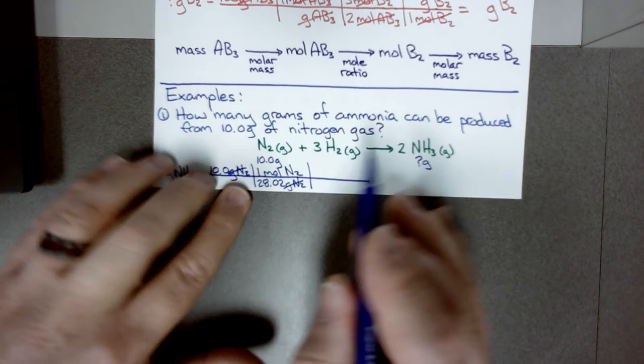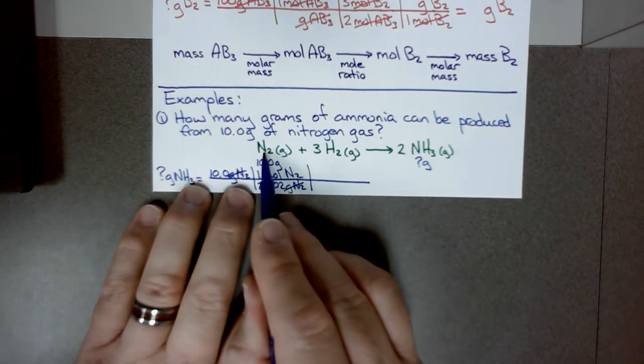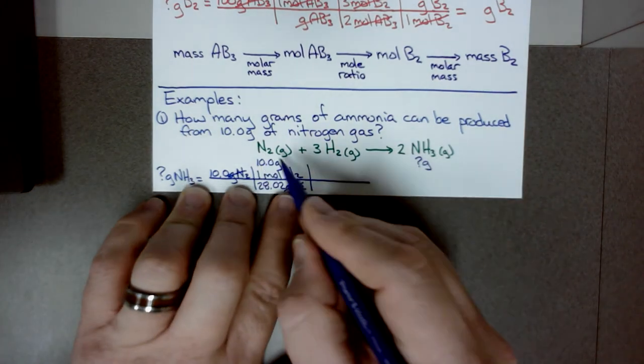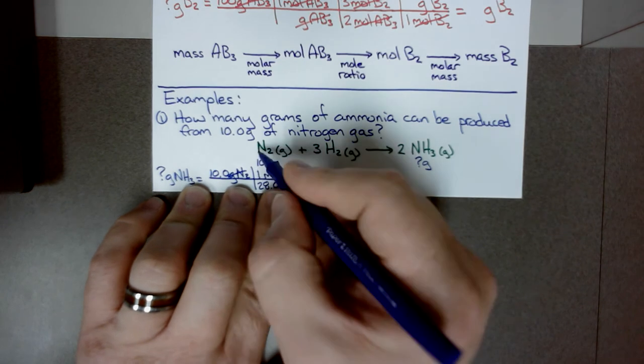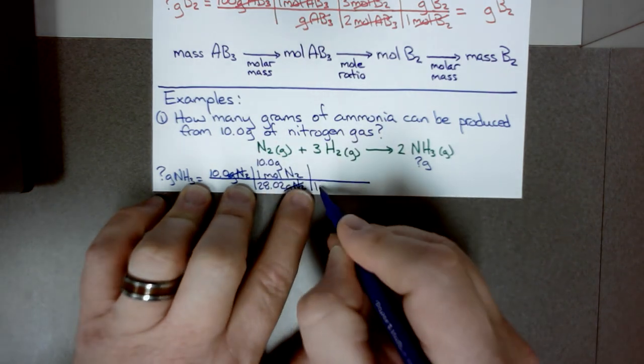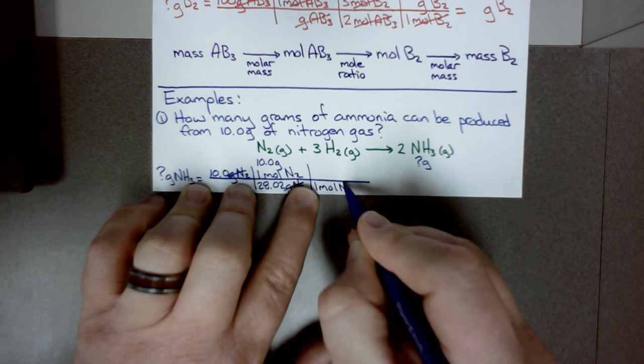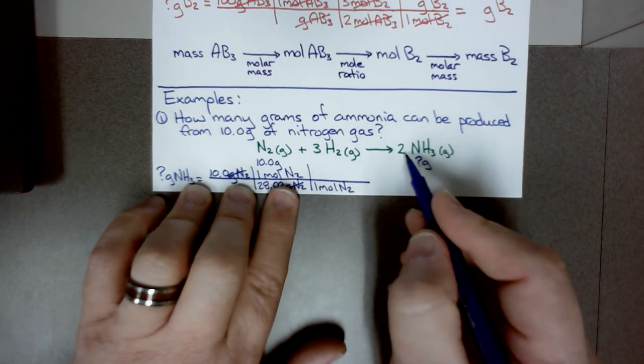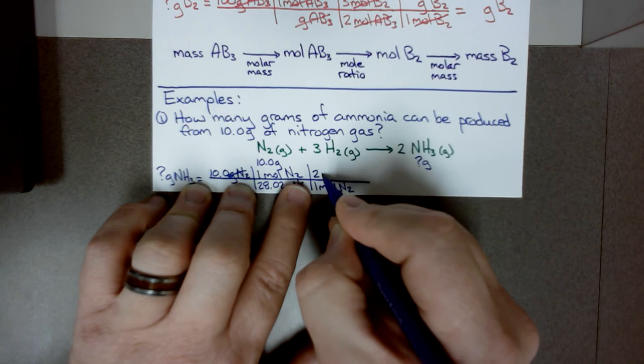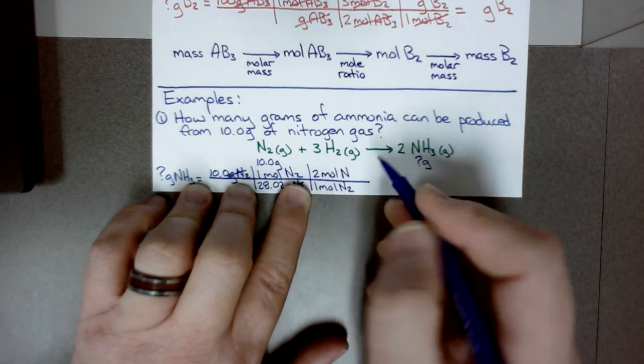Now I'm in nitrogen, so I've got to go from nitrogen to ammonia. So for every 1 mole of nitrogen, because there's a 1 here for the coefficient, for every 1 mole of nitrogen gas, I'm going to produce 2 moles of ammonia.